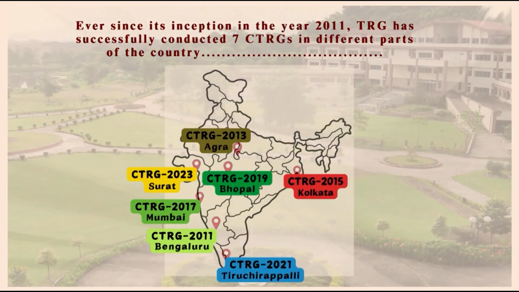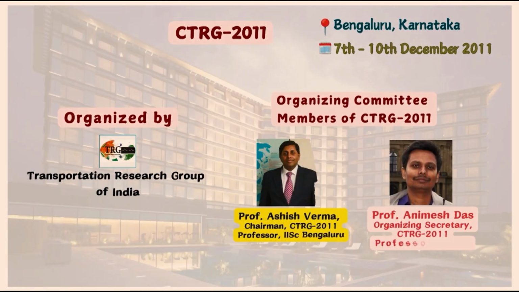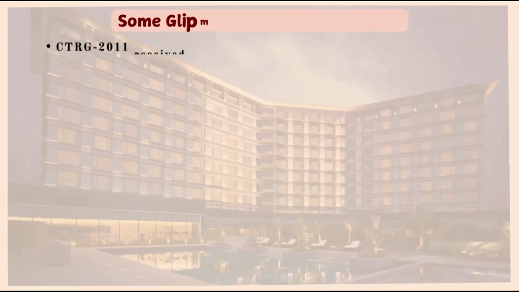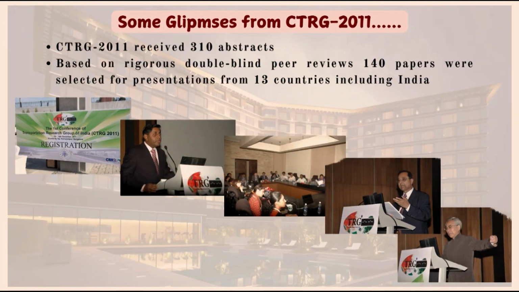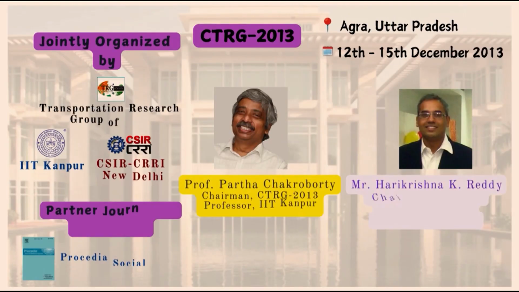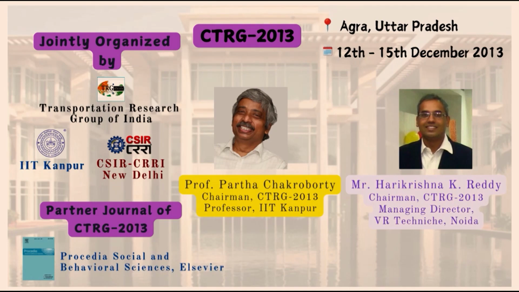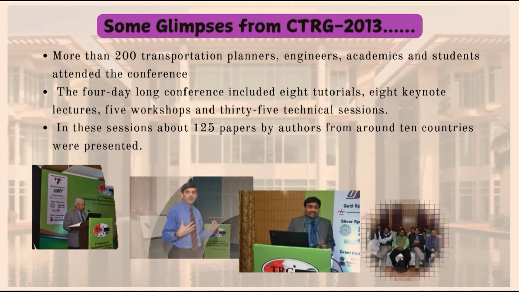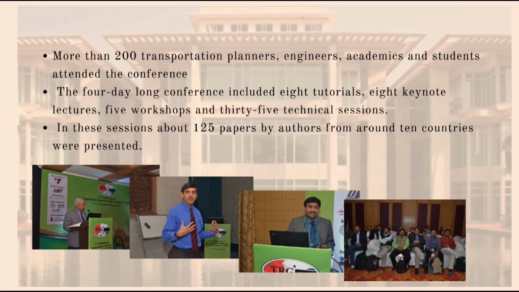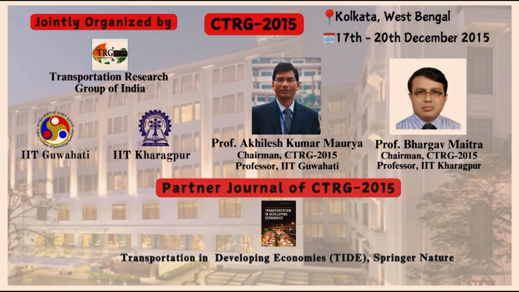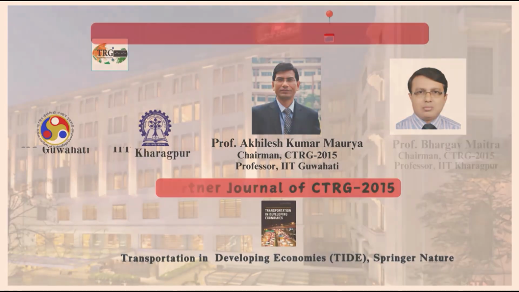This is just a video which will tell about past CTRGs, where they happened and what the scale was, just a glimpse of that, starting from the first CTRG in 2011, then this CTRG was in Agra in 2013. Then this was in Kolkata.